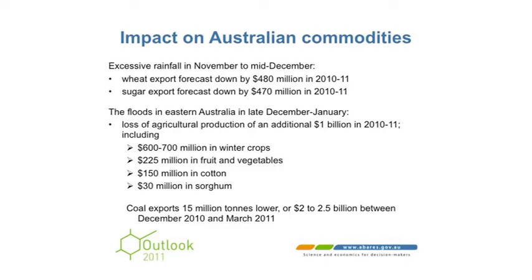Another interesting aspect of the whole analysis is the implication of the flooding on our coal export industries. Because of flooding of the mines plus infrastructure disruptions to ports, railways, and even highways, we estimate there will be around 2 to 2.5 billion lost in coal export revenues just for December 2010 to the end of March 2011.